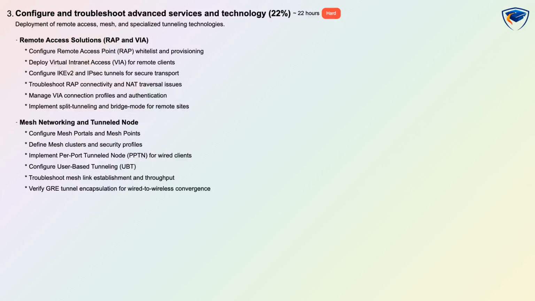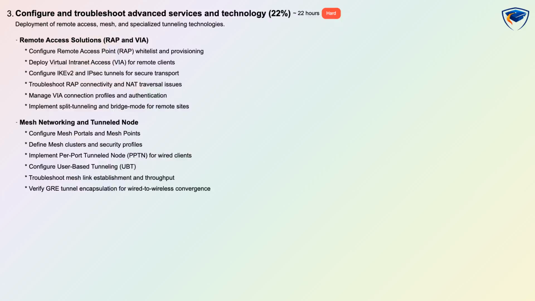Configure and troubleshoot advanced services and technology is 22%, rated hard, with about 22 hours of hands-on and conceptual study. This domain focuses on remote access solutions like remote access point provisioning and virtual intranet access, including RAP whitelist and provisioning, VIA deployment, IKEv2 and IPsec tunnel configuration, NAT traversal troubleshooting, VIA connection profile management, and split tunneling or bridge modes for remote sites.